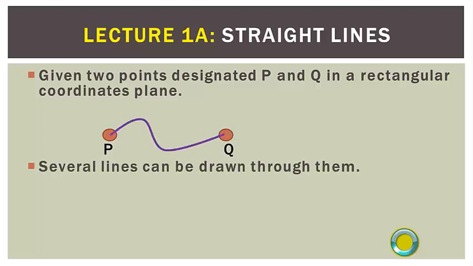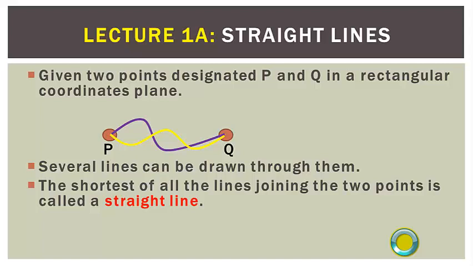This is one of the lines that can be drawn through the 2 points. This is another line. The shortest of all the lines joining the 2 points is called a straight line. This is a straight line joining the 2 points P and Q.